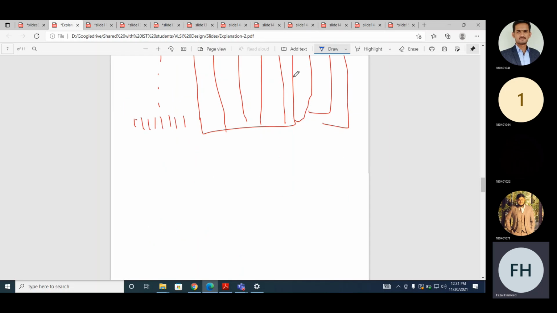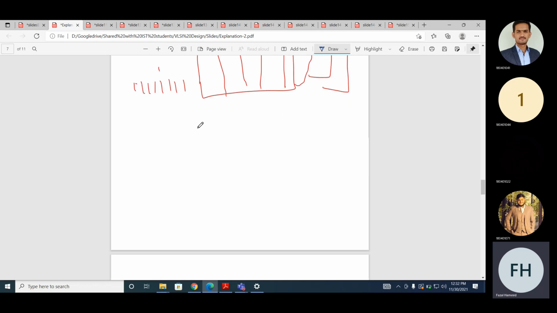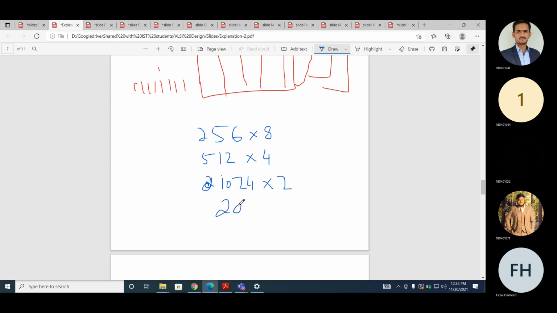So actually, this EAB can be configured in one mode as a 256 cross 8 memory, or 512 cross 4 memory, or 1024 cross 2, or 2048 cross 1.